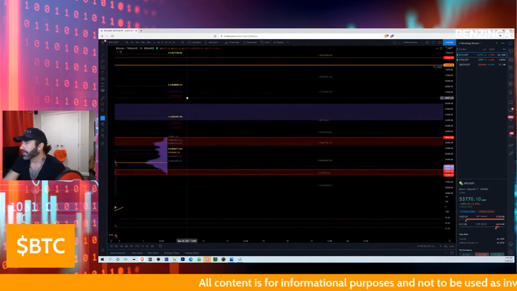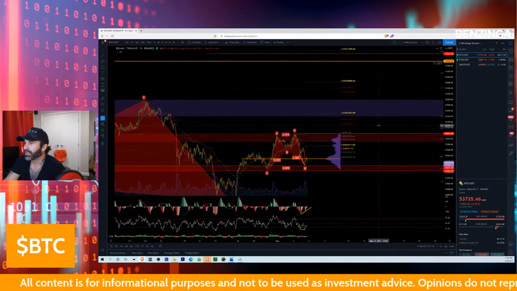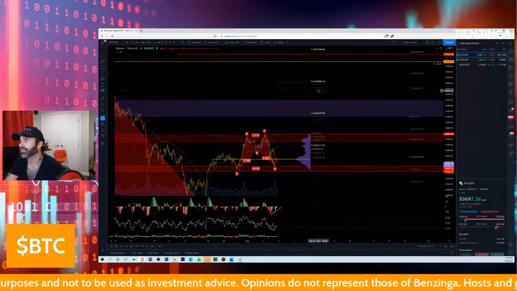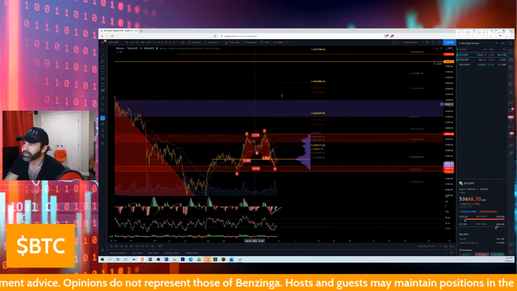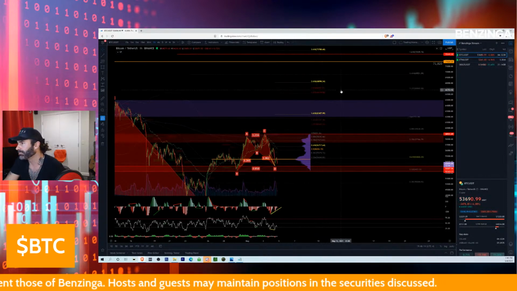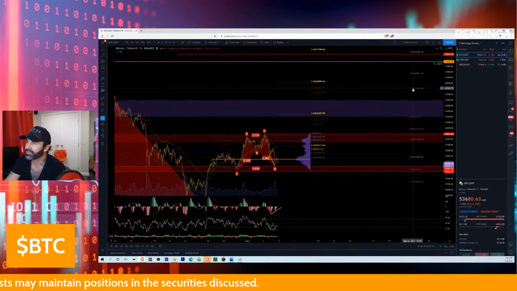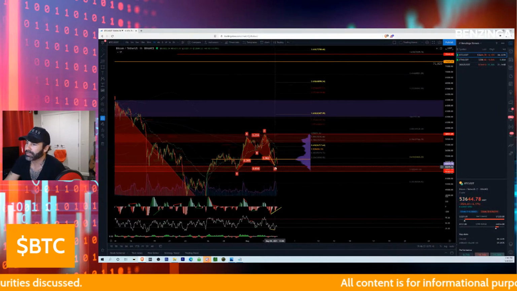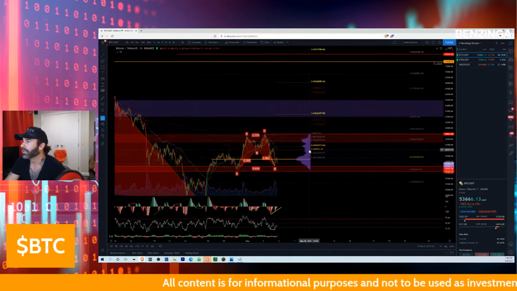And yes, it's actually the 1272 of the bullish cipher pattern, which is a target of the bullish cipher pattern. So you've got the bigger structure saying that we could possibly be looking at that 68, or I'm sorry, 66 is the 1272 of the cipher, and then 68 is going to be the 2618 of this structure here.